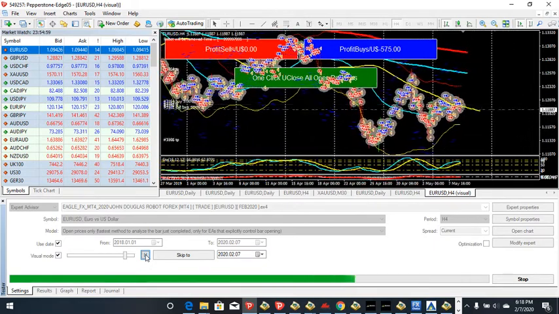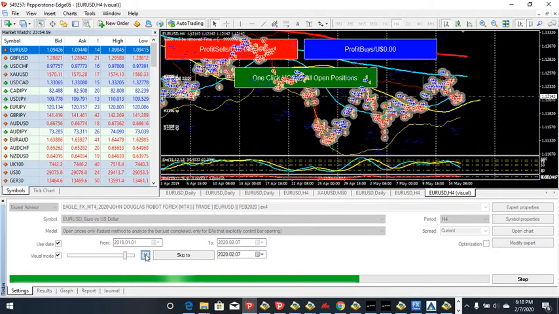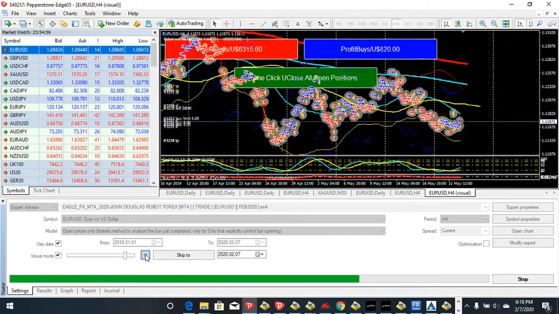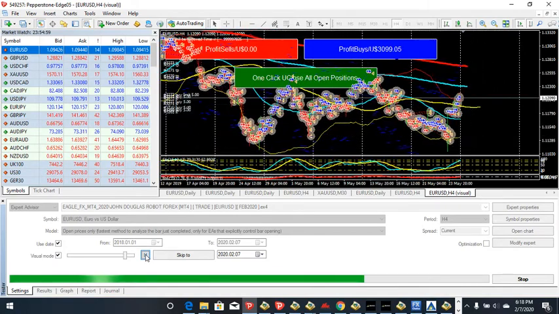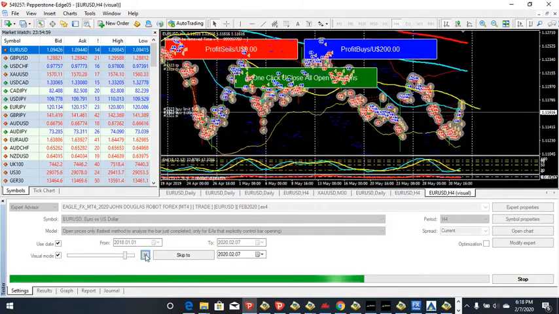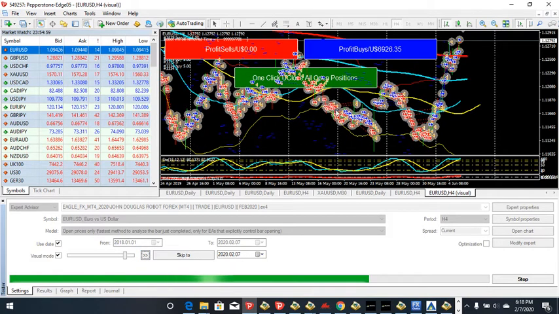This improvement can make MT4 the best robot in the world. This is improvement, better coding, better programming. You can see here right now, sell over here, buy right here, buy right there.